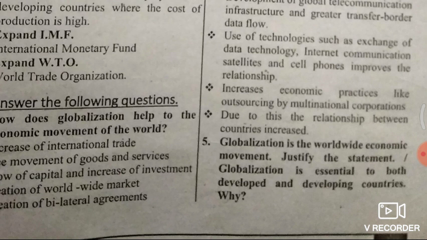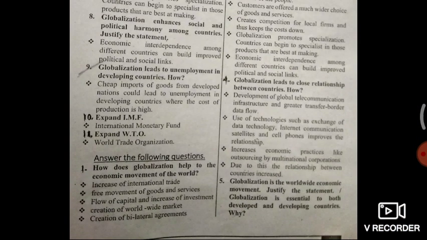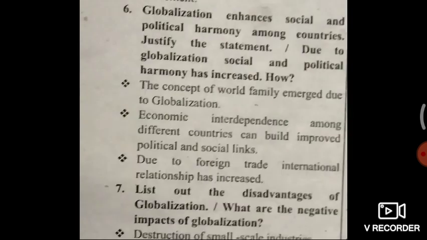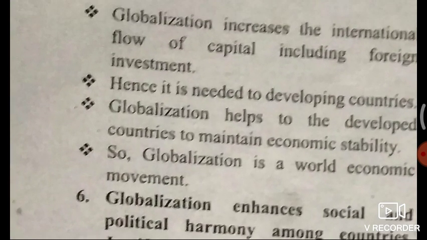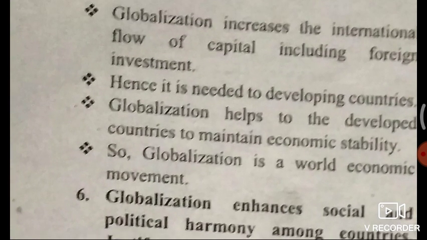Globalization is the worldwide economic movement. Justify the statement. Or, globalization is fully essential to both developed and developing countries. Why? Answer. See here, globalization increases the international flow of capital, including foreign investment.